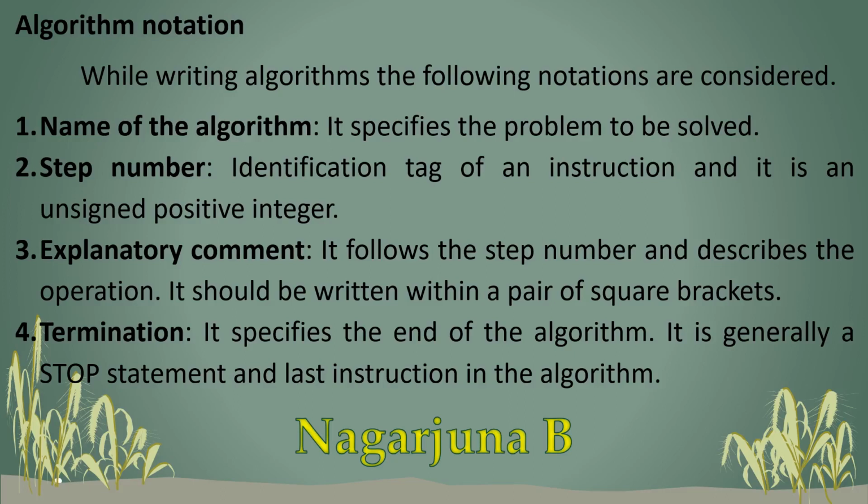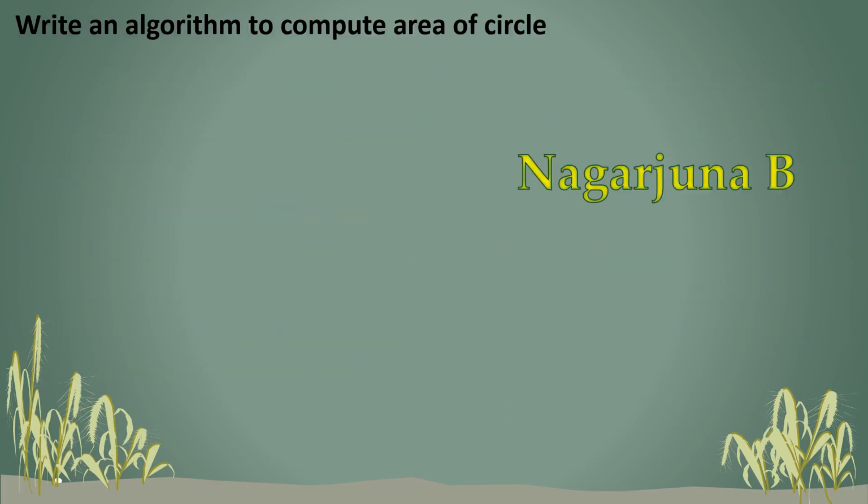Based upon this, we shall write an algorithm, and I will explain how to write an algorithm by considering a simple example. Write an algorithm to compute the area of a circle. So now I will explain how to write an algorithm to find the area of a circle. As I told, we'll be using certain notations, and those are called algorithm notations.